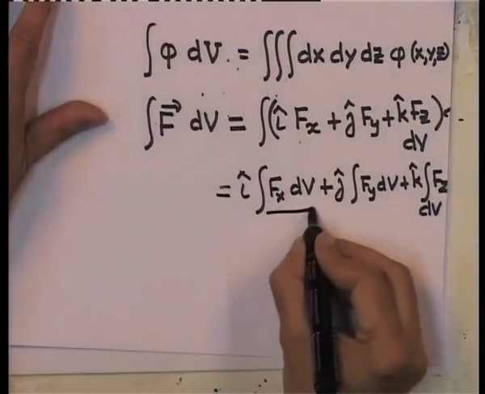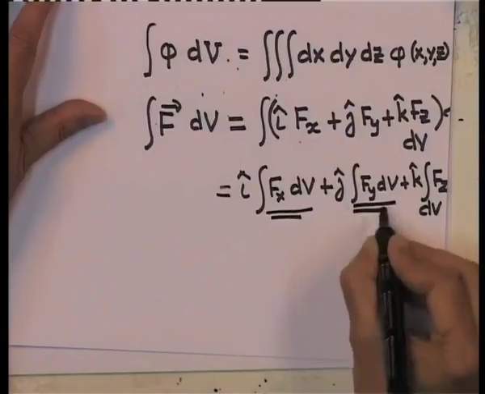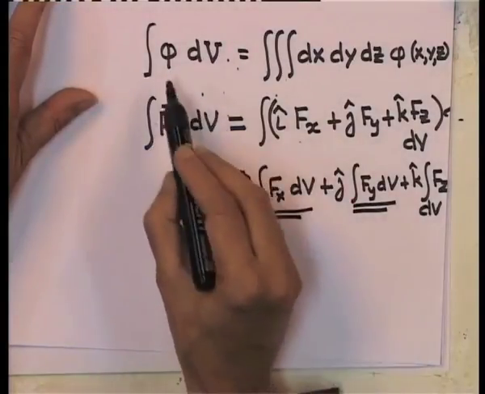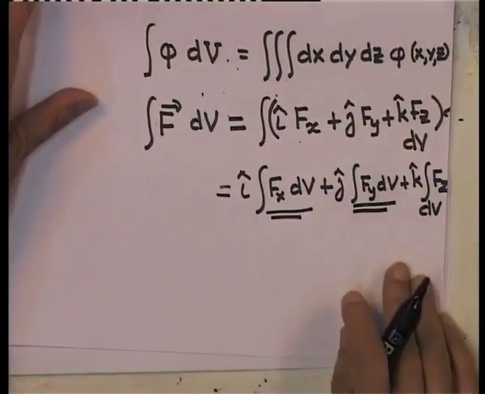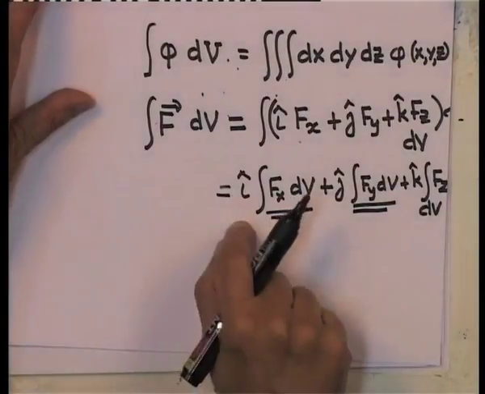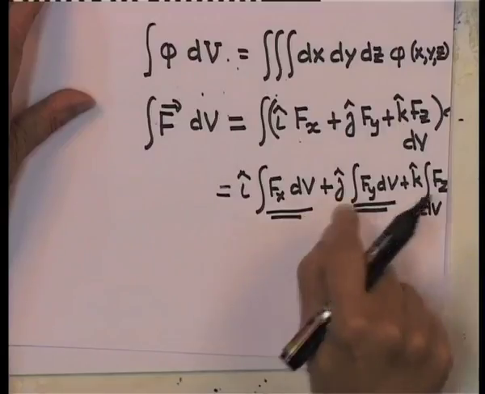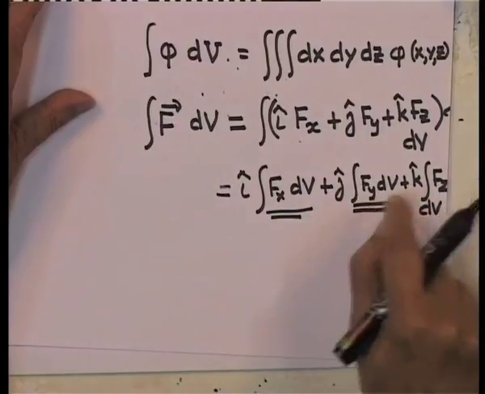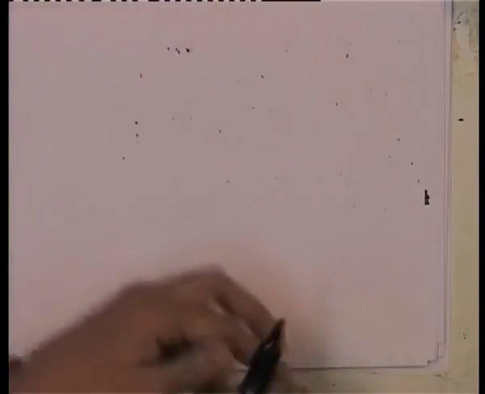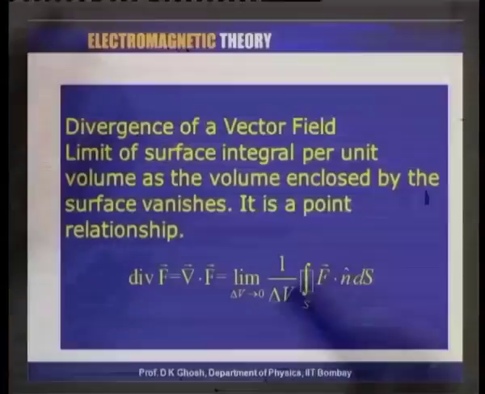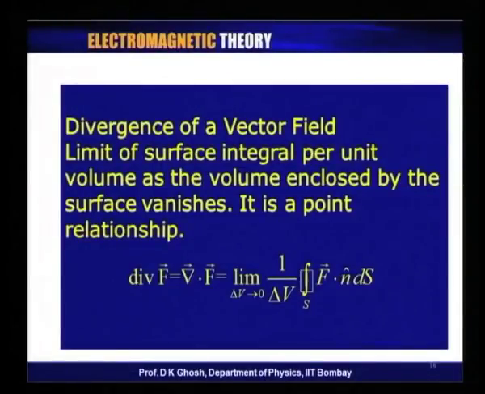And each one of them we have just now learnt what it means, because this is just like any other volume integral of a scalar function, which is nothing but a triple integral. So, therefore, this is i times one triple integral plus j times a second triple integral plus k times a third triple integral. So, this is all about the line, surface and volume integrals.